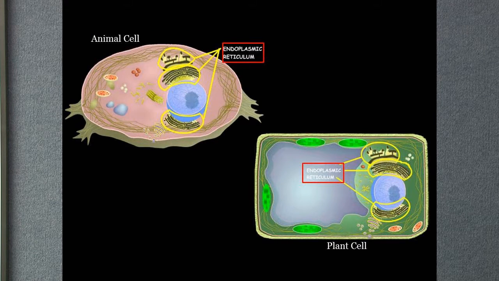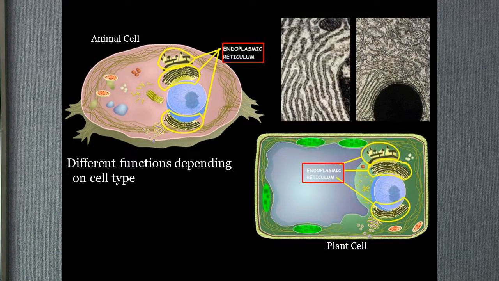Another thing that's common among the cells is the endoplasmic reticulum. And here we see a higher magnification of endoplasmic reticulum here and here in the plant cell. Now the endoplasmic reticulum does different things depending upon what the cell type is. Sometimes they have ribosomes on their surface, and they're so-called rough with ribosomes. And these are for secretory products, when they make granules that are secreted.